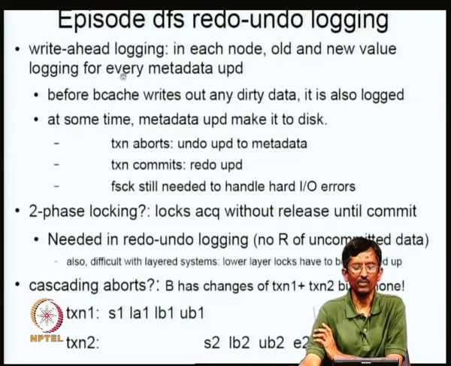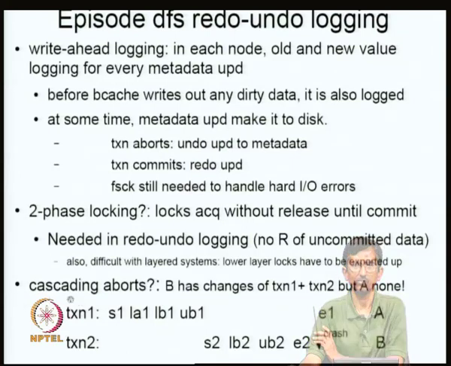There's another issue that these kinds of file systems have to handle: how to handle cascading aborts. For example, suppose on machine A you have transaction 1, and on machine B you have transaction 2, each with a start and end, and you are updating A1, B1.